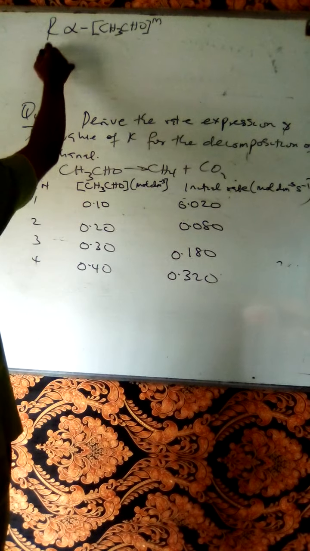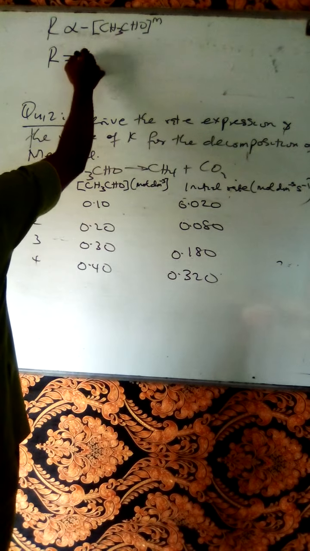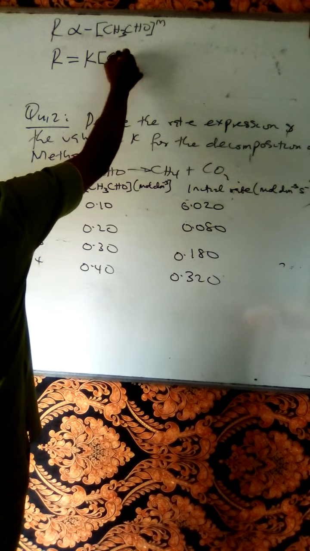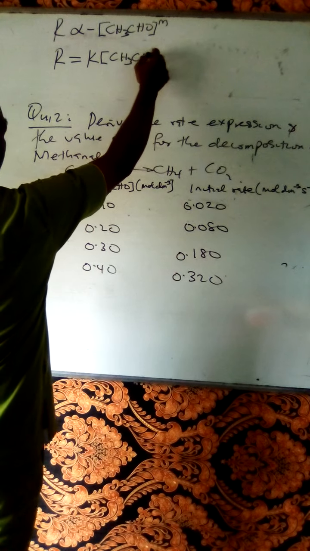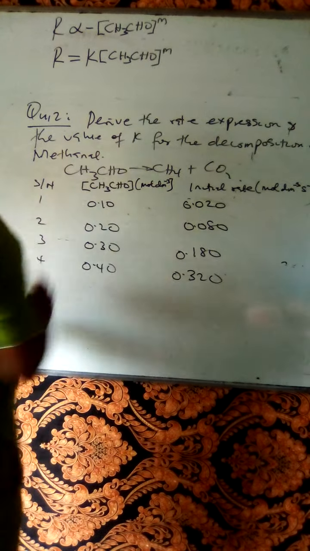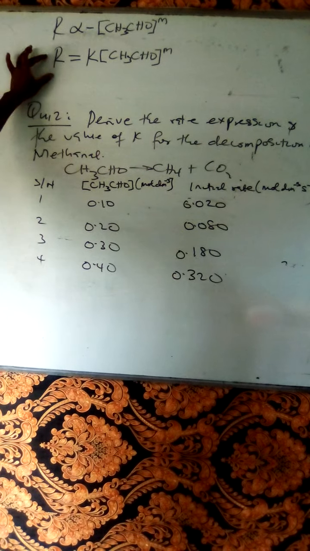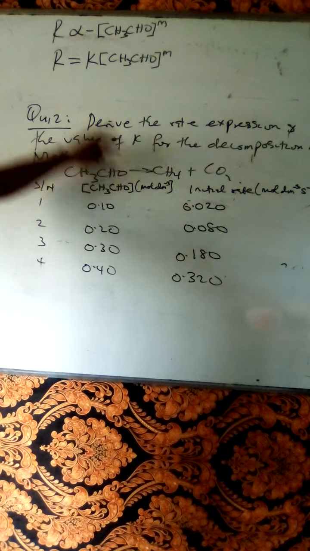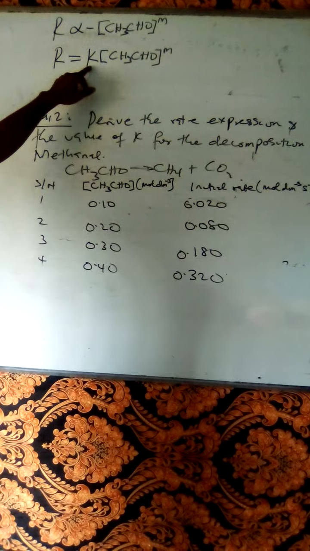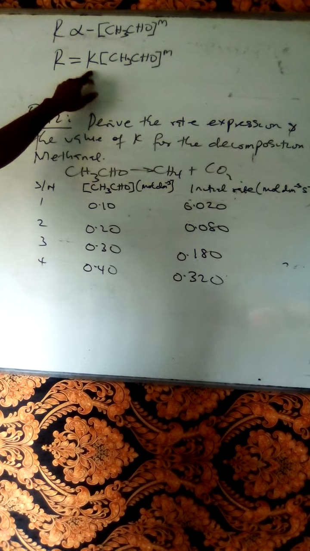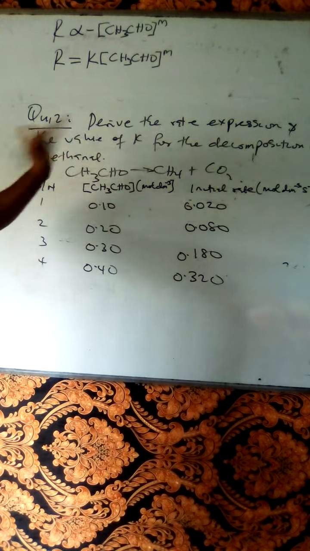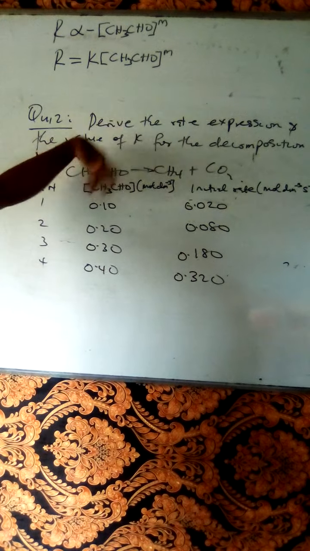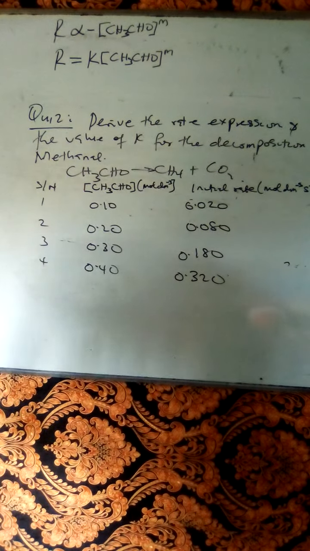Then you can write R equals K [CH3CHO]^M, where R stands for the initial rate of reaction, K is the rate constant, and M is the order of reaction.